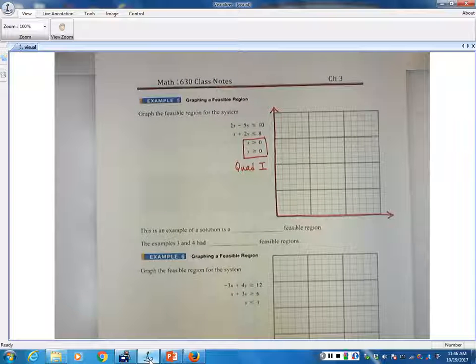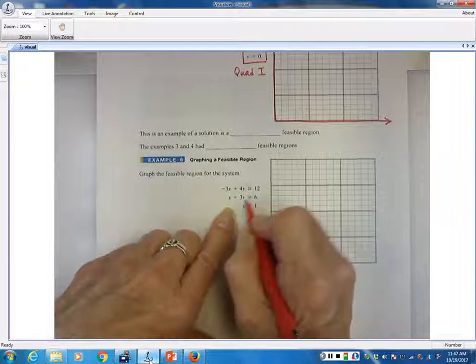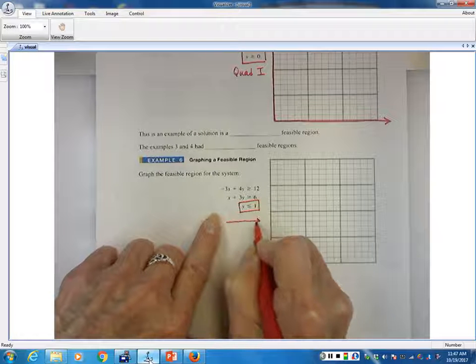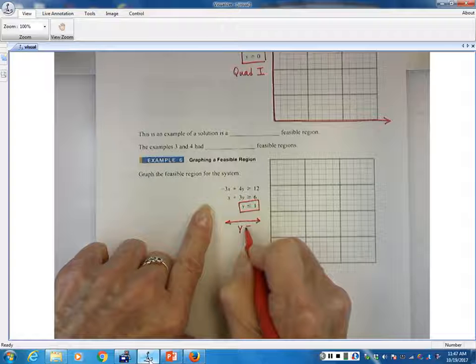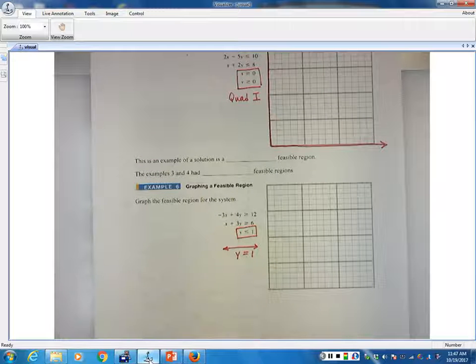That's not necessarily true here, but when you make this one, remember that's going to be a solid line, but it's going to be horizontal. Concentrate on these 2 first and then add that one. Okay? And we'll check those beginning class next time and then go on to section 2.